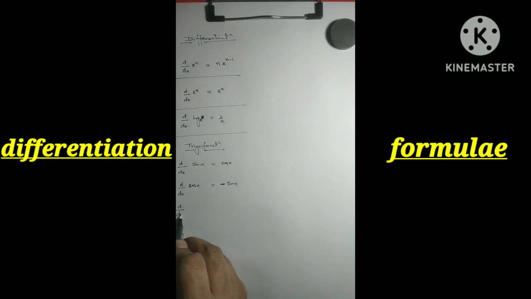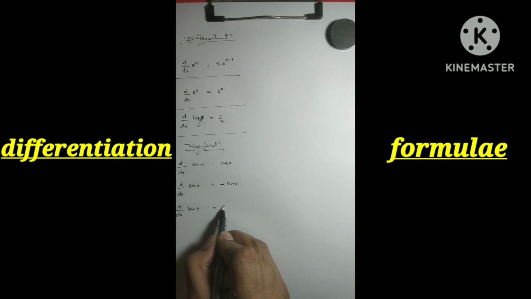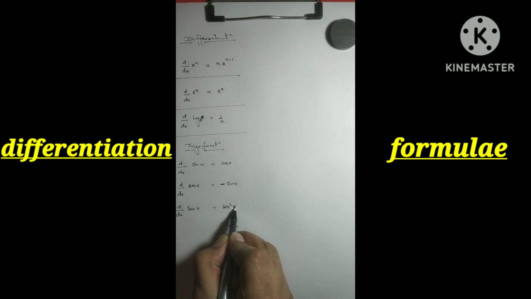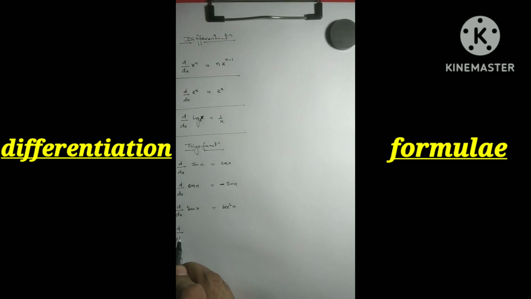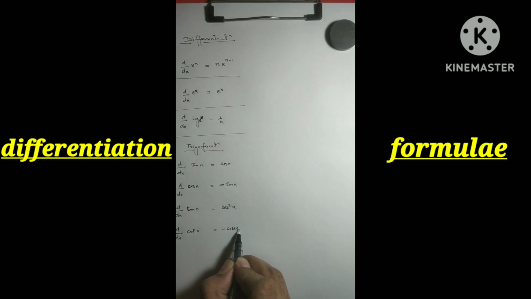D over dx of tan x, so it will be sec square x. D over dx of cot x, that is minus cosec square x. D over dx of sec x, and result is sec x tan x.